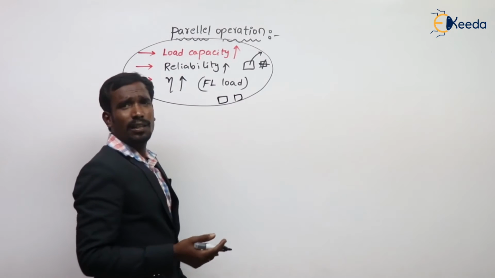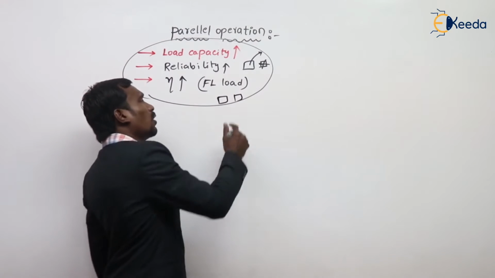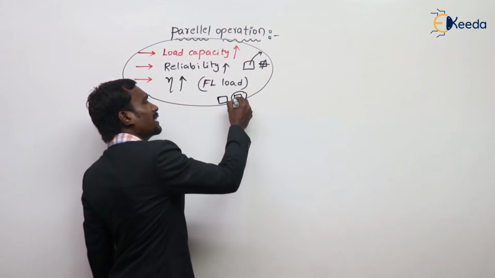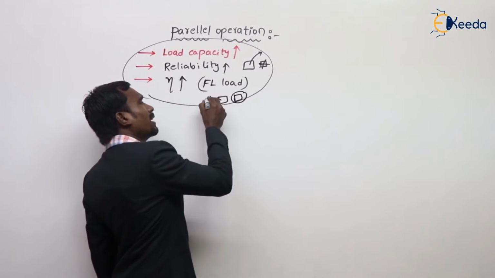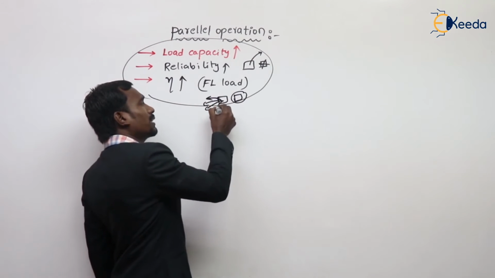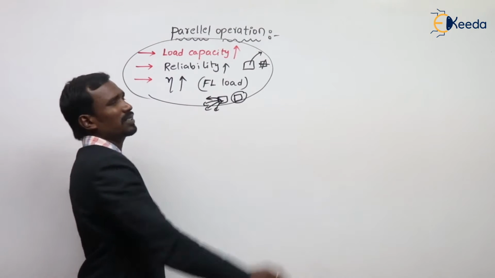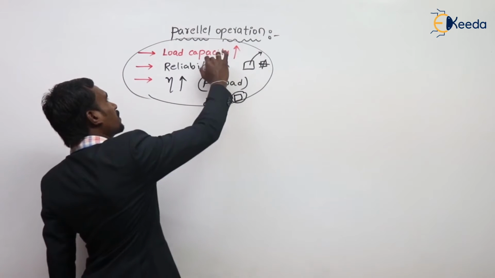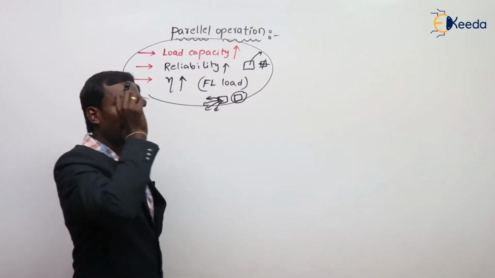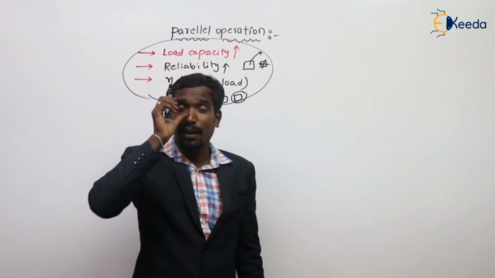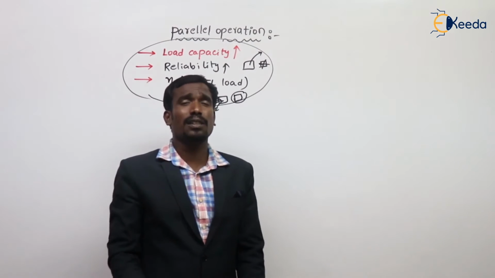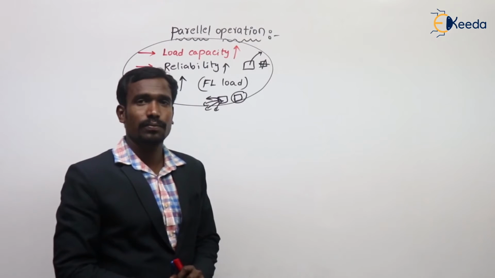In future, if load decreases, one transformer is disconnected from the parallel operation and only one transformer will serve the load. Mainly capacity, continuity and efficiency increase. These are the features of parallel operation.